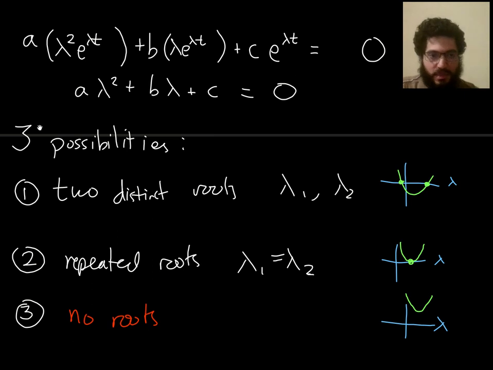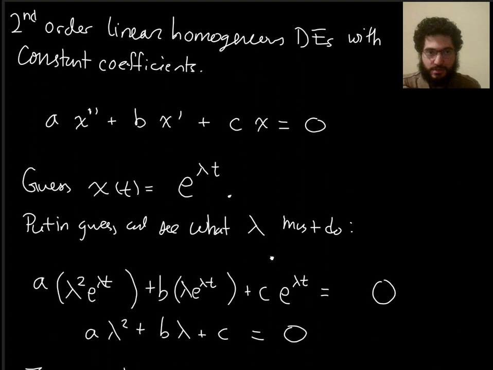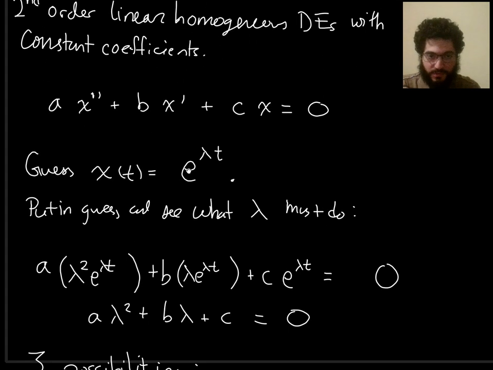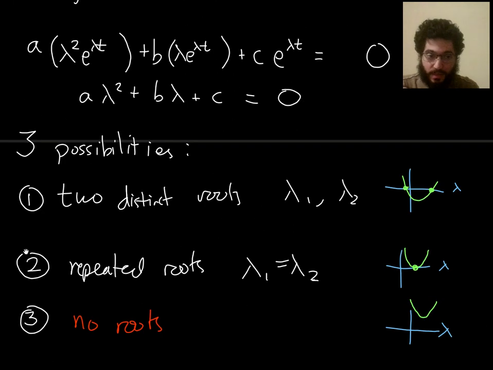Well, okay, so in possibility number 1, if we get two distinct roots, then we have found two different solutions to the differential equation. So that's pretty cool. We would have two different solutions: e to the lambda 1 t and e to the lambda 2 t. In the second case, we got one solution at least, e to the lambda t, where lambda is either lambda 1 or lambda 2. They're the same thing.